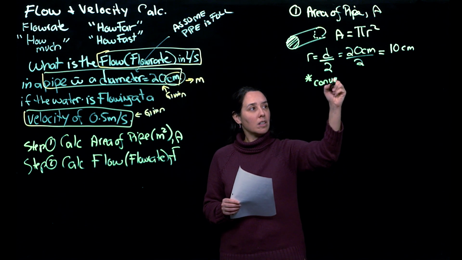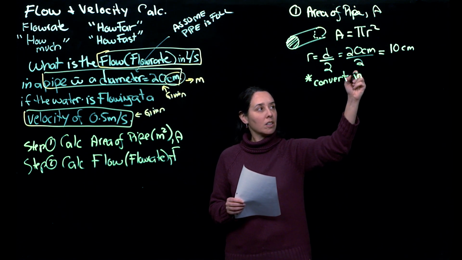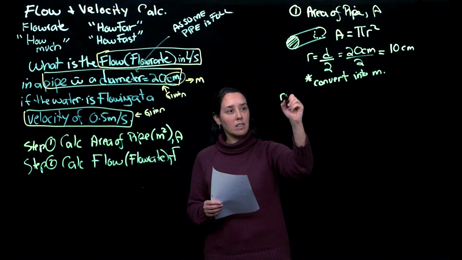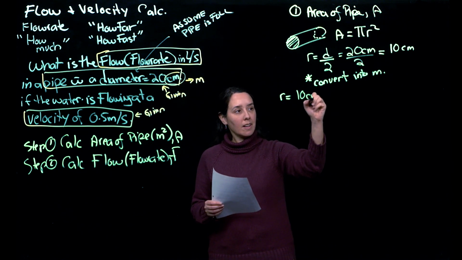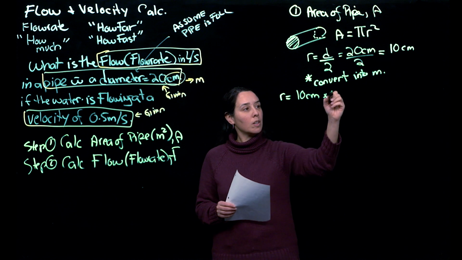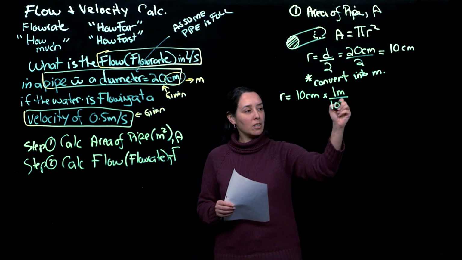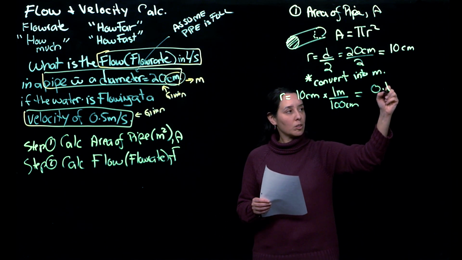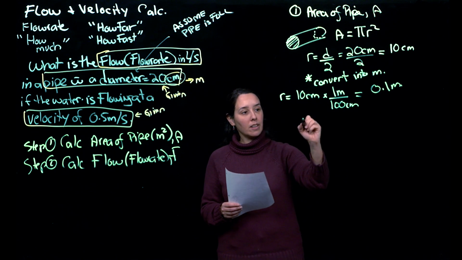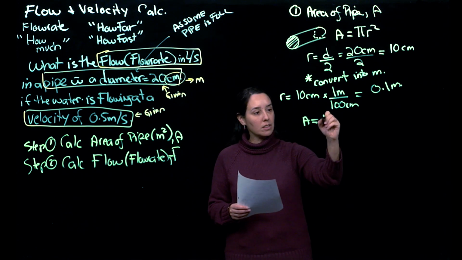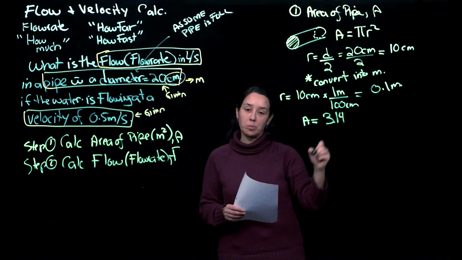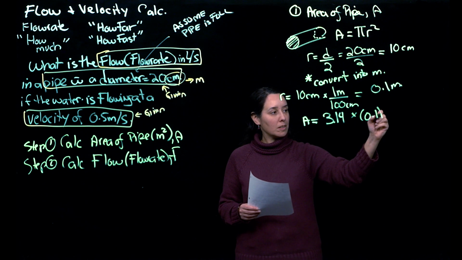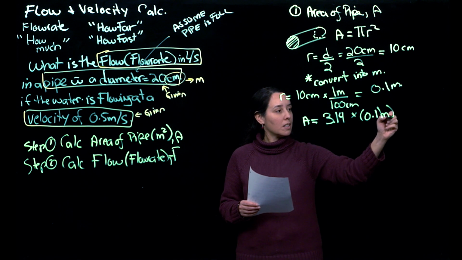Remember that I said earlier that whenever you see centimeters, convert it into meters. So r is equal to 10 centimeters times 1 meter over 100 centimeters, since there are 100 centimeters in every meter. So that r value now becomes 0.1 meters. And the area is pi, remember pi is 3.14, times 0.1 meters squared.